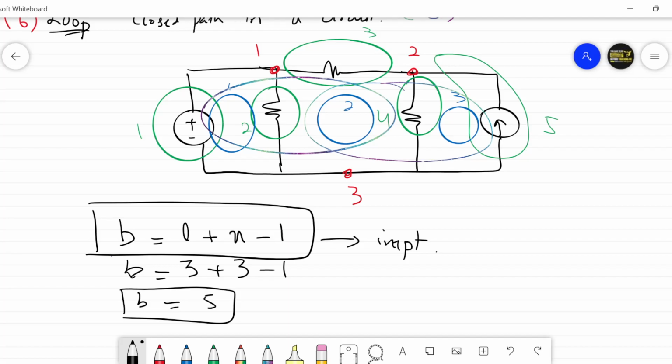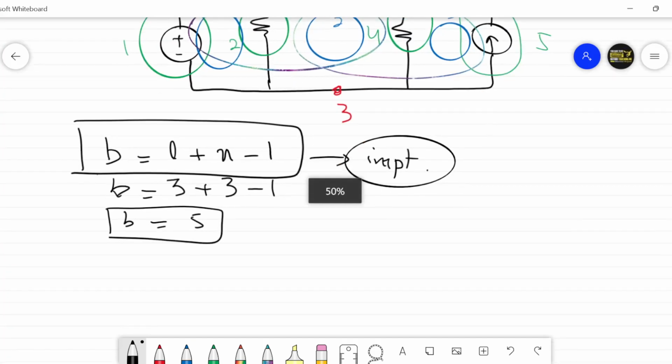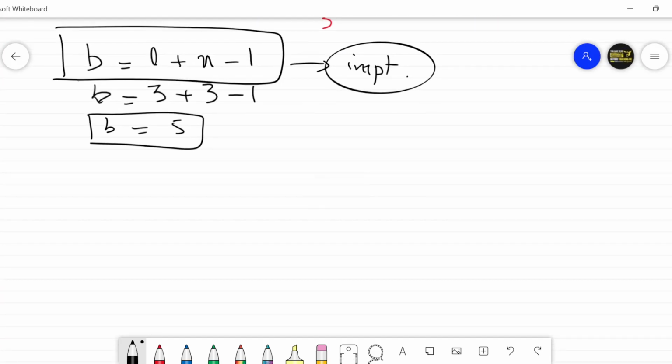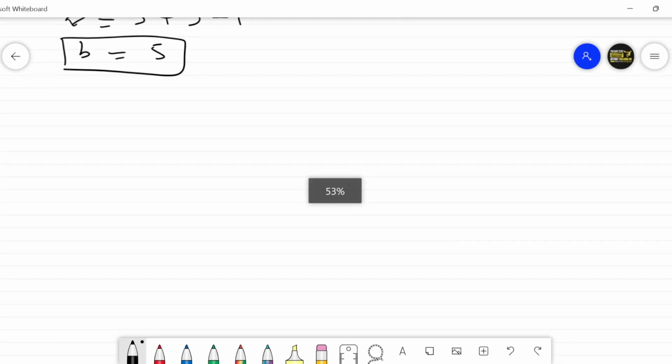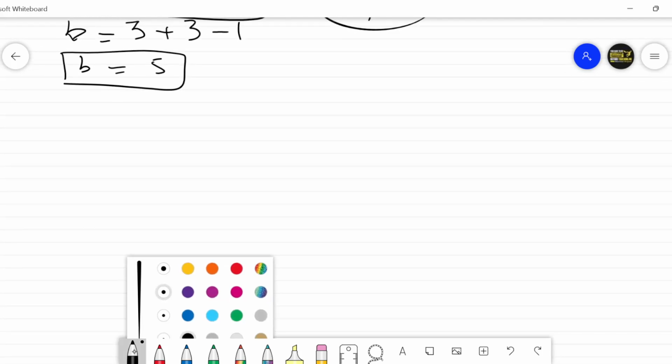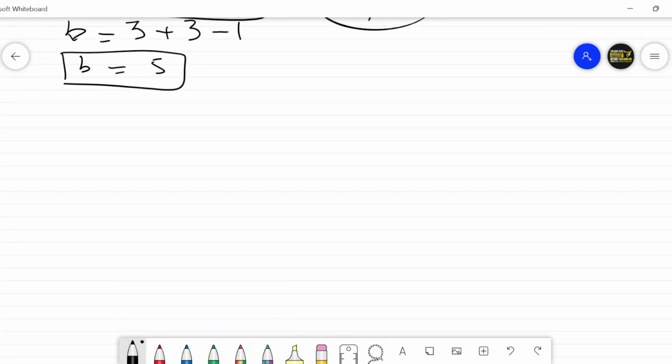Identify the number of branches or loops or nodes if B is equal to this much, L is equal to this much, N is equal to this much. Based upon this, one numerical probably comes in the GATE examination. B is equal to L plus N minus 1. So we identified branches, loops, and nodes. Now we'll be talking about Kirchhoff's laws.